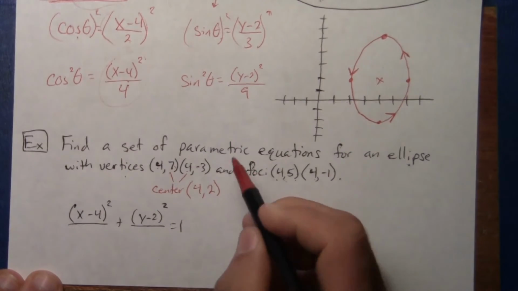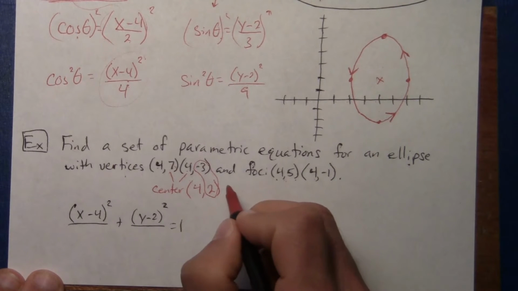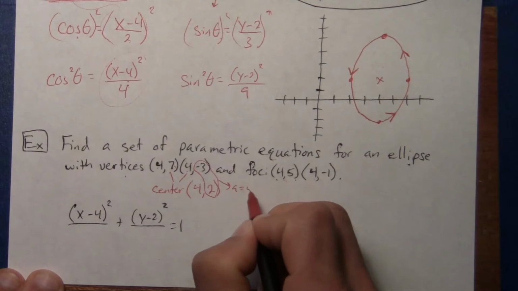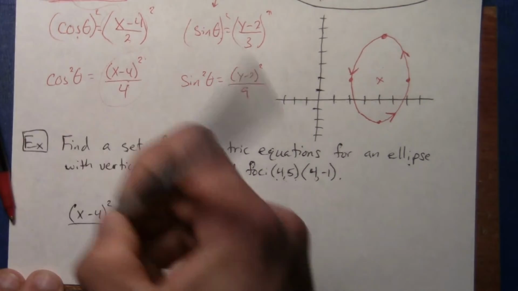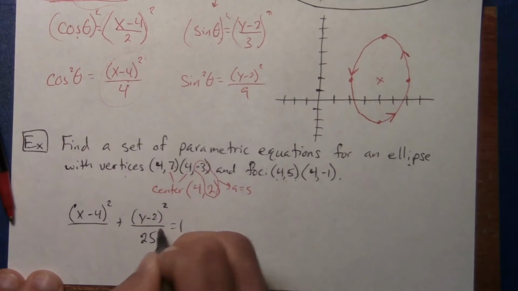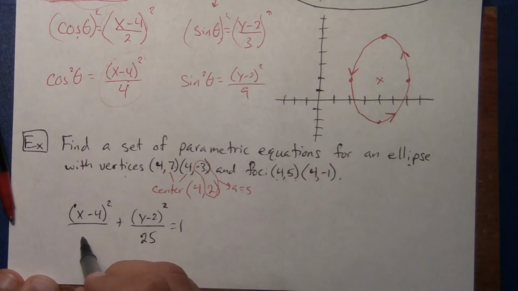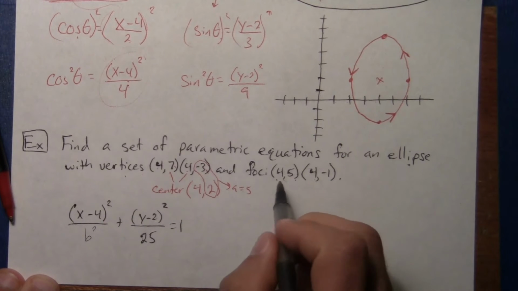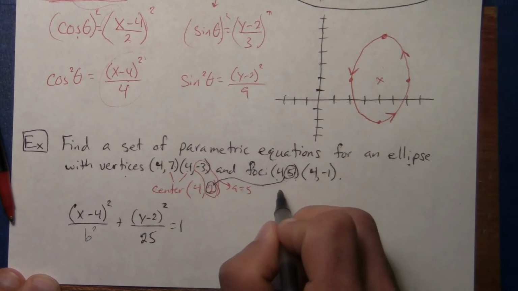Alright, the other thing I get is if I look at the y value, I can see that it's a distance of 5, so a is 5. It's y that's changing, so when I square 5, I end up with 25, and that should go under y. So I got almost everything except for b squared over here, and that's where the foci come in. If you look at the distance from the foci to the center, it's 3.